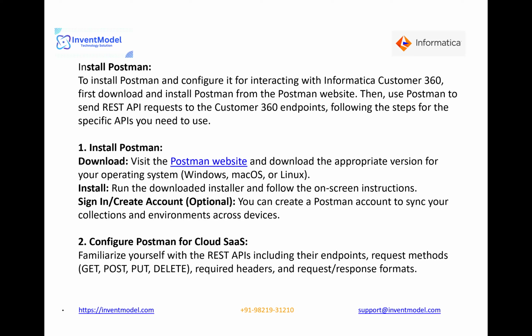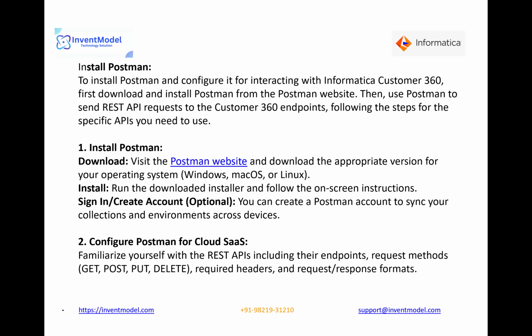Based on our need, we download that version, and once the download is done, we click on the installer and follow the instructions on the screen, and it will install the software on your local machine. The installation part is very easy. We just click next, and it will get installed.